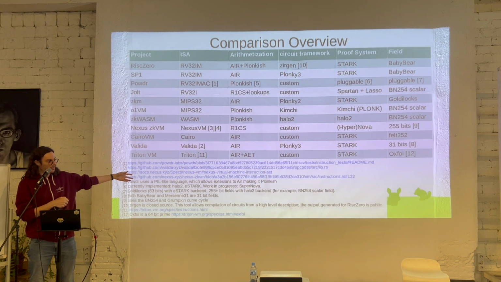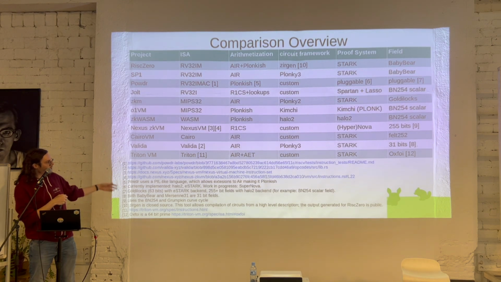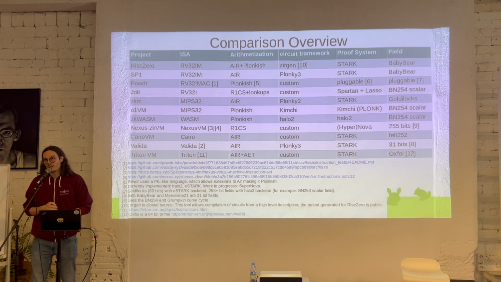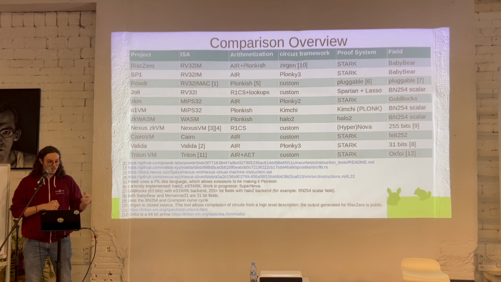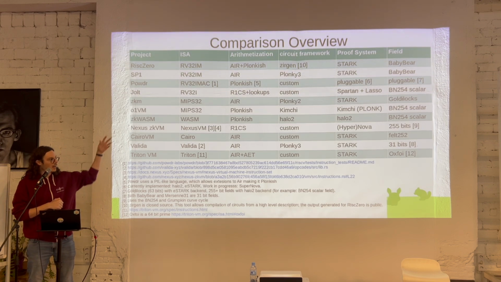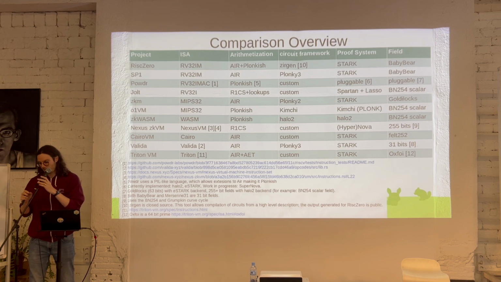But I also added some to have the full picture. For instance, I added Cairo VM, which is an old zkVM project that uses its own instruction set. But the ones I'm focusing on more are the ones on the top.